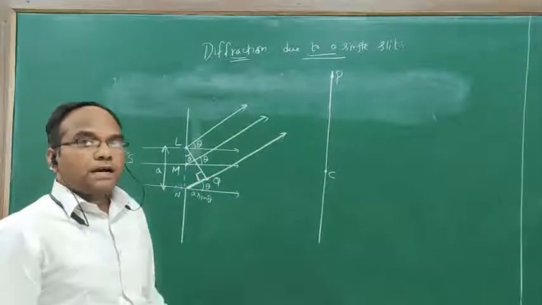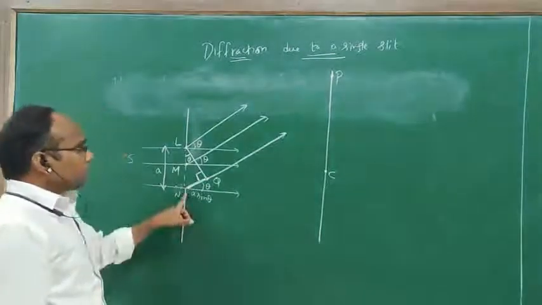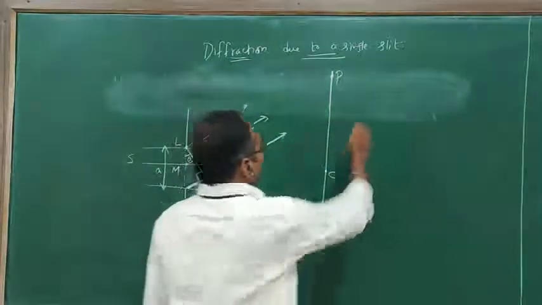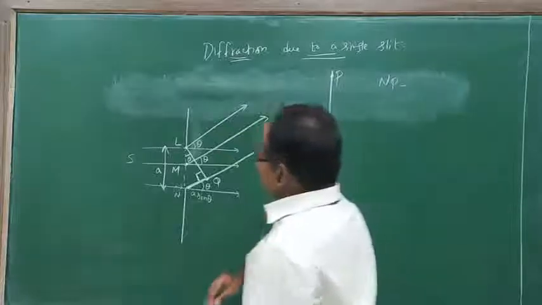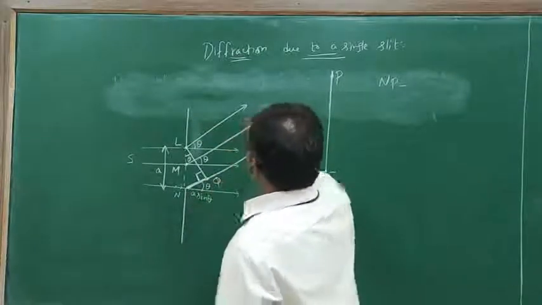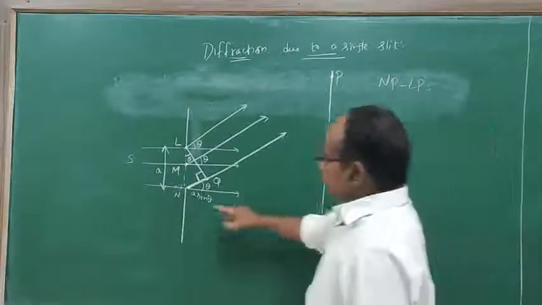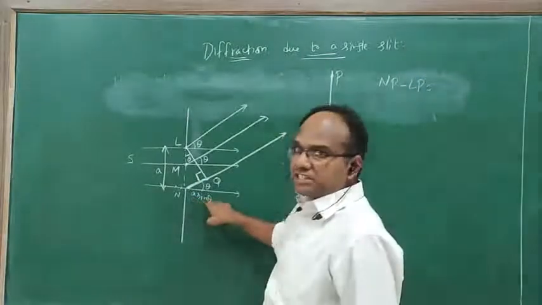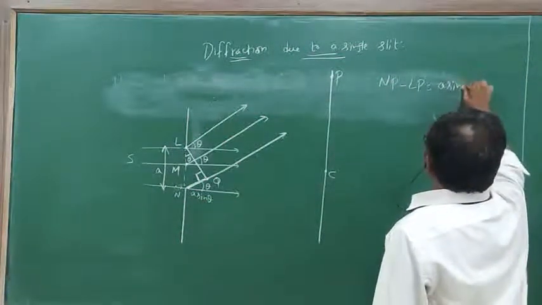So what is the path difference? Here what I should write? NP minus LP is equal to, what is the extra distance? Nothing but A sin theta.